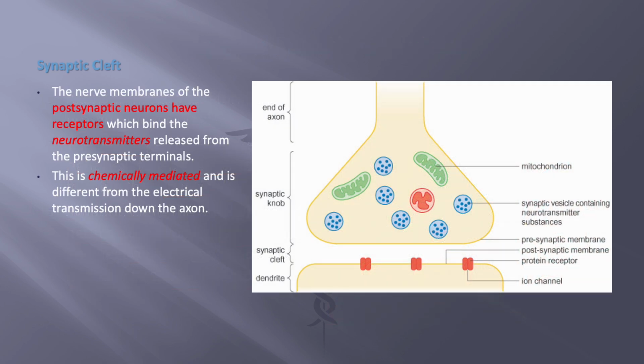So inside that synaptic cleft, the nerve membranes of the postsynaptic neurons have receptors which bind the neurotransmitters released from the presynaptic terminals. Okay, this is what we call a chemically mediated form of communication. This is different from the electrical transmission down the axon.